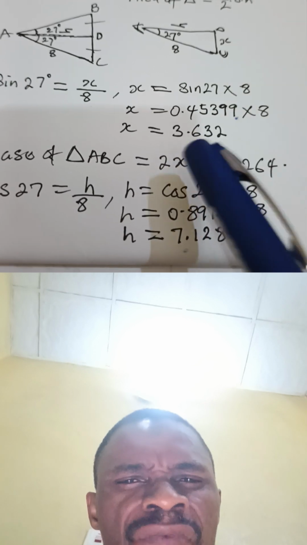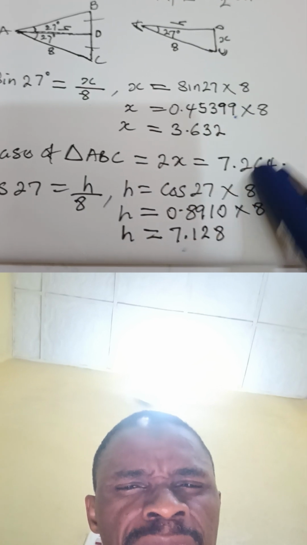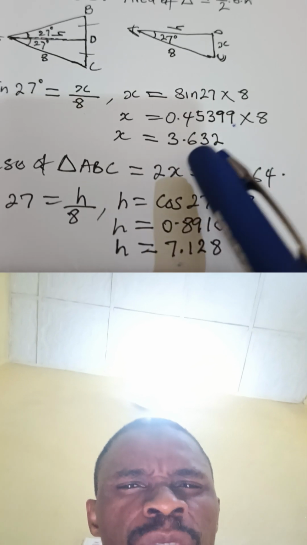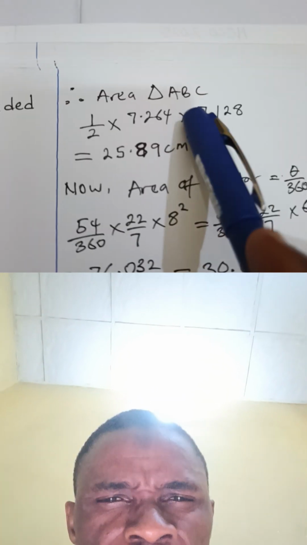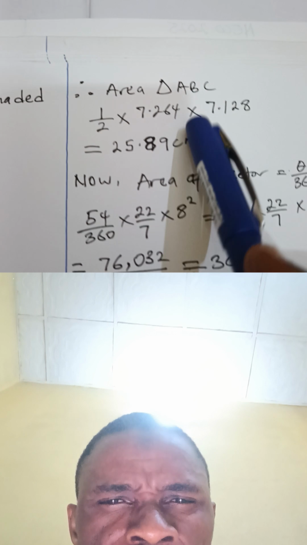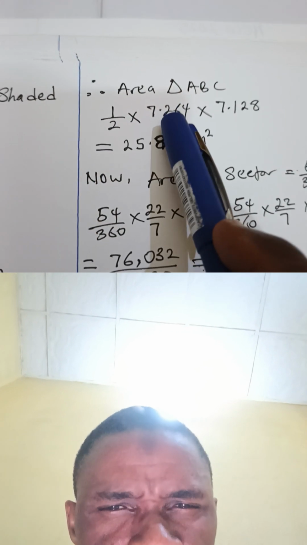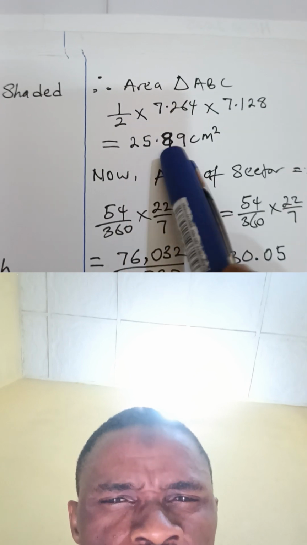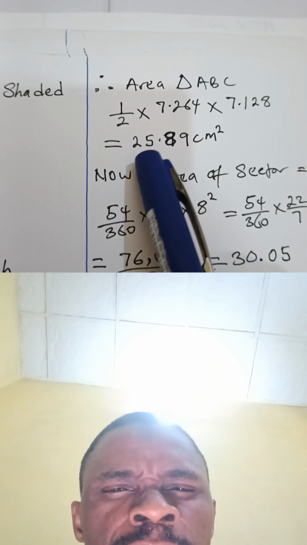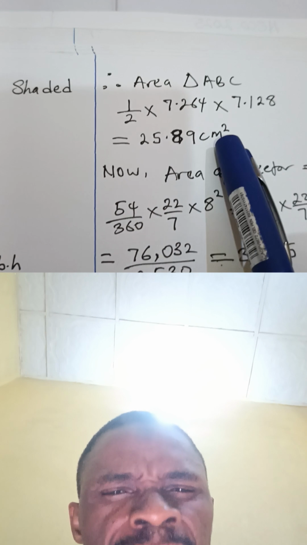Okay. We now have our base and our height, so we will now apply the area of a triangle. Half times base times height. When we multiply it together, the answer will be 25.89 centimeter.